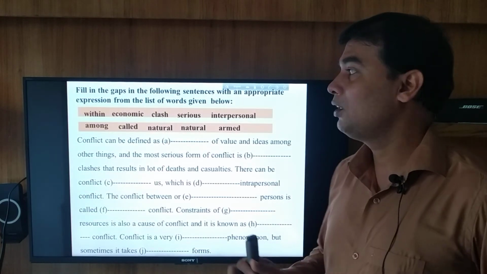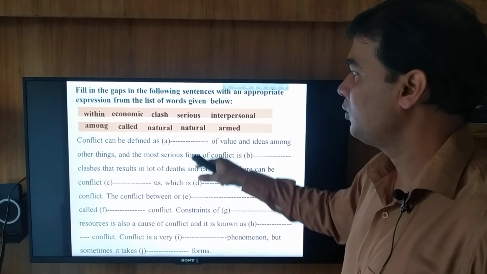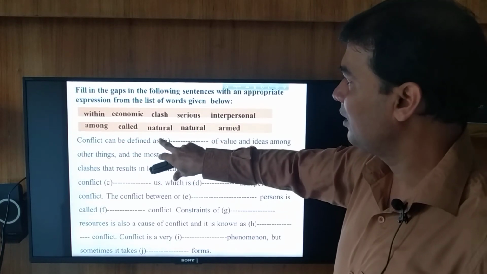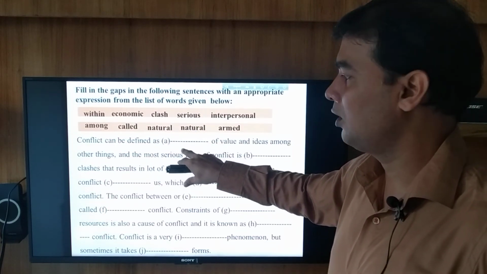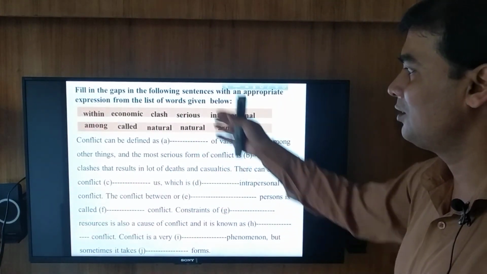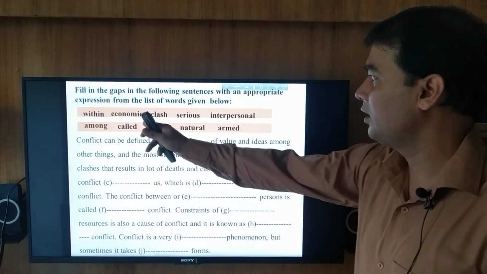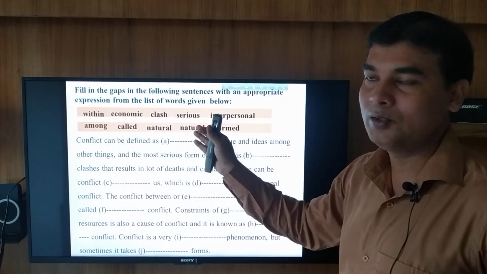Now I'll show you a fill in the gaps. Suppose this fill in the gaps has been chosen from your text. Now we will see how to answer this fill in the gaps. Here you see there are 10 words, 10 clues.